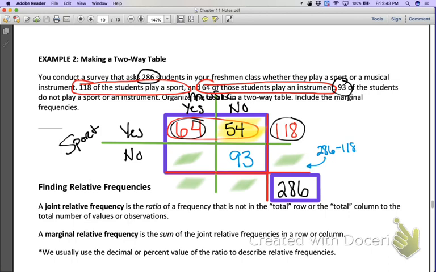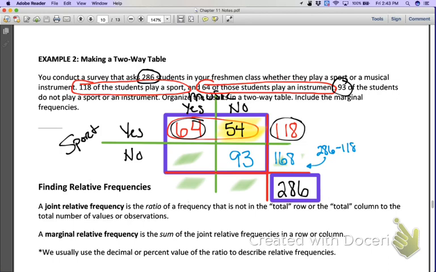Yeah. So 286 minus 118. So we have 168 that are in the no column. Okay, or excuse me, no row. Oh, 168, isn't it? My fault. So 168 is in the no row.